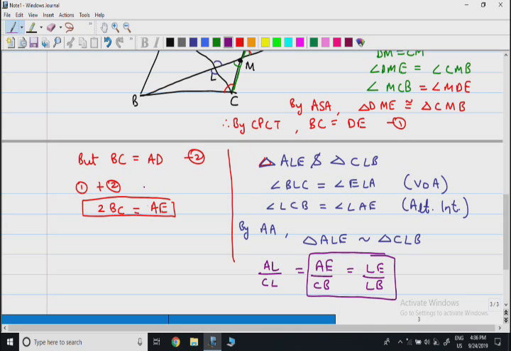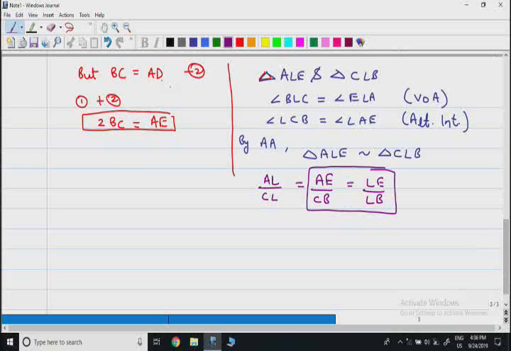We know that AE is equal to twice of BC. So in place of AE we can write twice of BC over BC is equal to LE upon LB. BC and BC will get cancelled out. So from here we can say EL is equal to twice of BL.